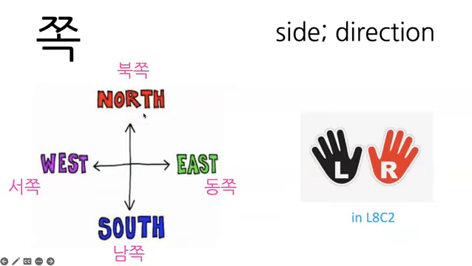North side or north direction, that's 북쪽, because 북 meaning north. And also left side and right side, 왼쪽 is the left side, 오른쪽 is the right side. And these two words will be introduced in the next vocab list in Lesson 8, Conversation 2.